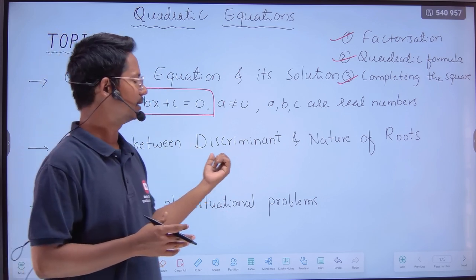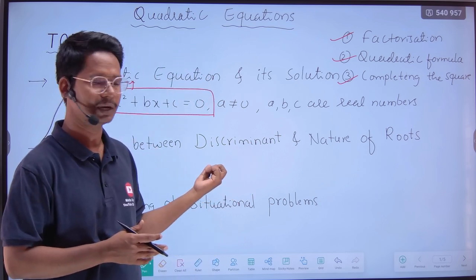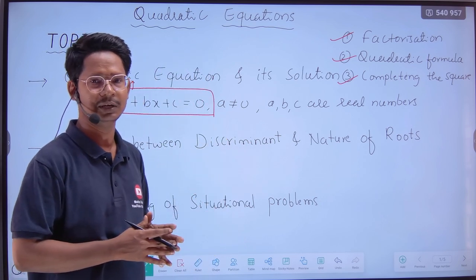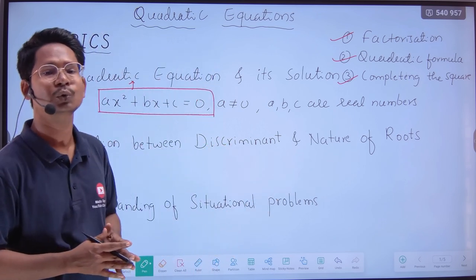And if the discriminant is less than 0, it is said to be imaginary. If the discriminant is equal to 0, we will get two equal roots.